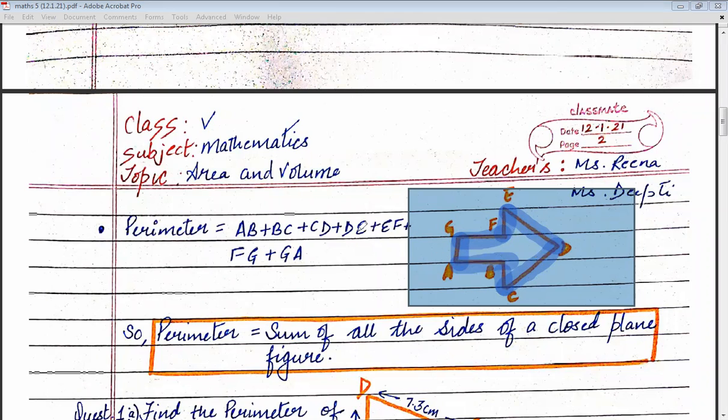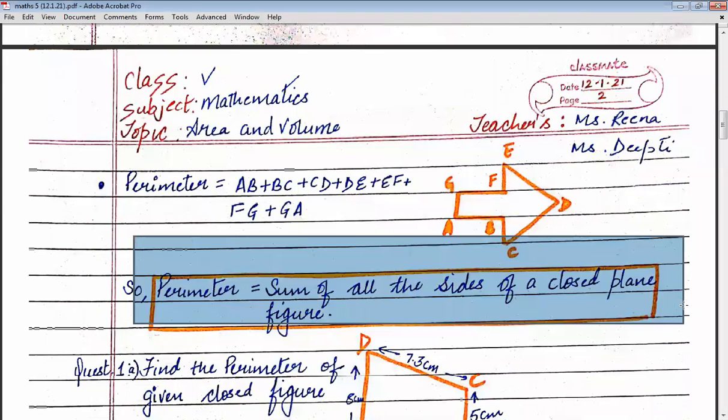If you add all the 7 sides, it will become its perimeter. So now children, what is a perimeter? In simple language, you can say that perimeter is equal to the sum of all the sides of a closed plane figure.